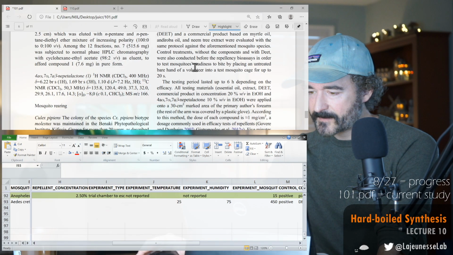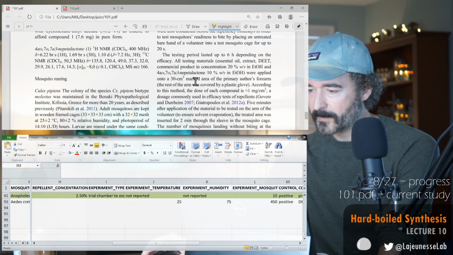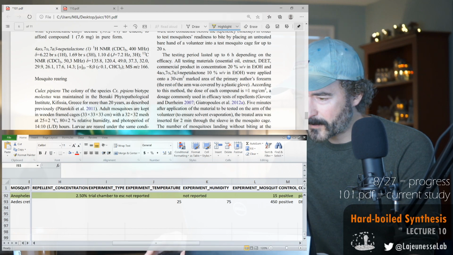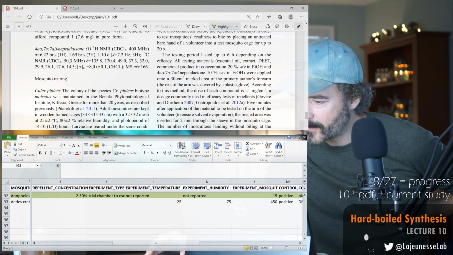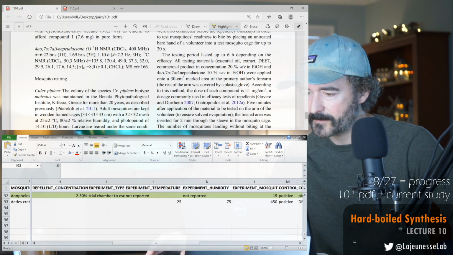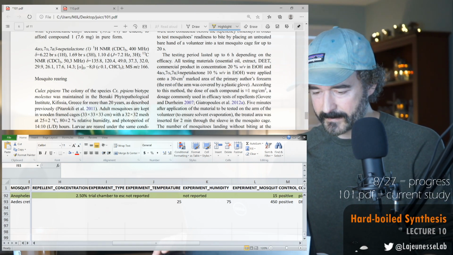Testing period lasted up to 6 hours, depending on efficacy. All testing material were in 20% volume per weight. And nepati lactone was at a different concentration. Essential oil extract, DEET, commercial products, 20%. Okay, so everything was 20% concentration except for the nepati lactone.